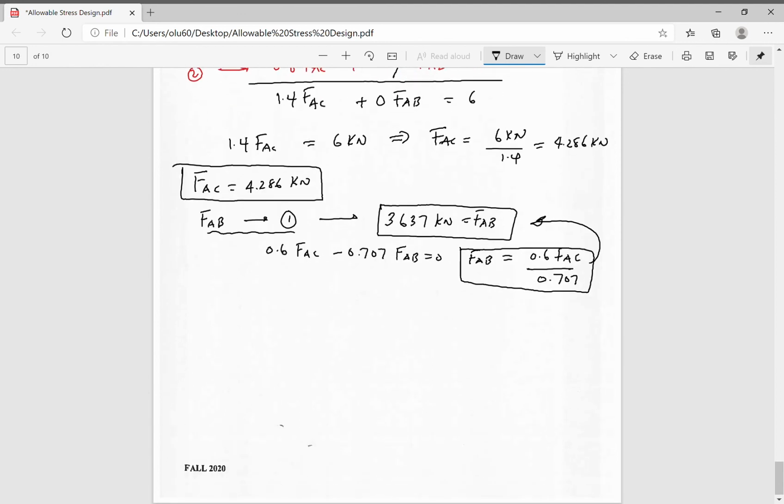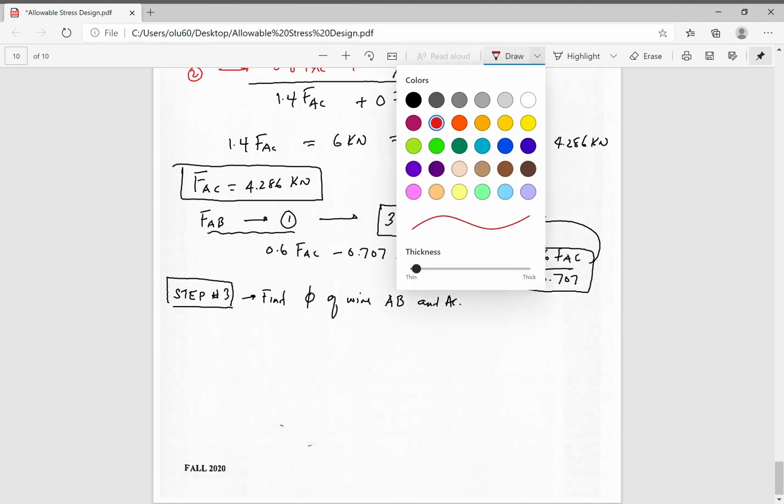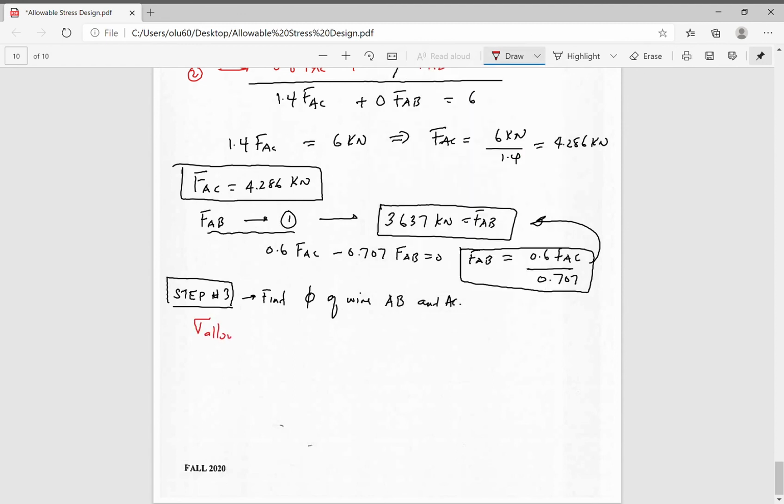Now, our step 3: you want to find the diameter of wire AB and AC. In doing so, we know that our allowable stress happens to be the normal force AB divided by the area of AB.